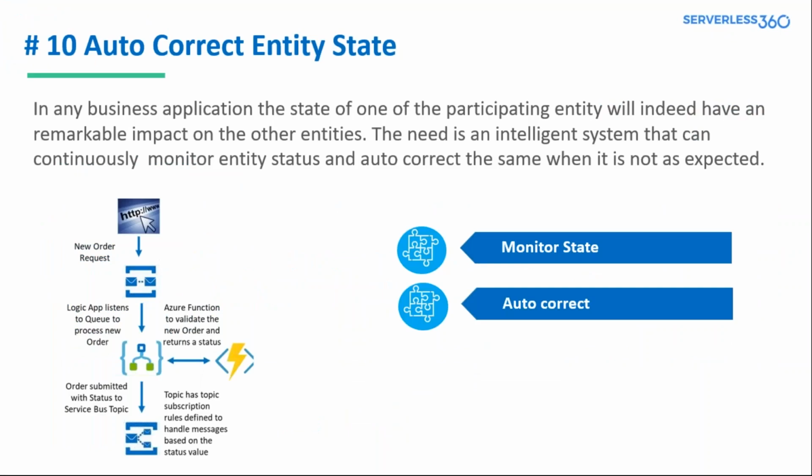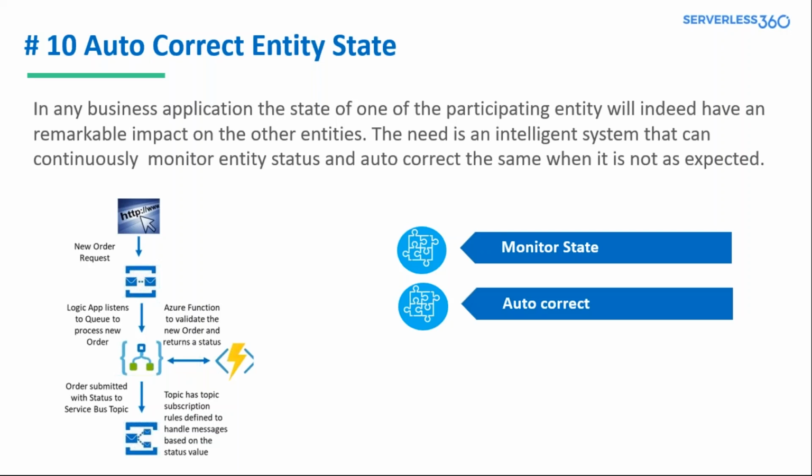Last but not the least is autocorrect on entity states. So imagine an e-commerce application in this figure wherein the logic app is listening to the service bus queue. What if the state of this logic app goes down late in the off business hours?